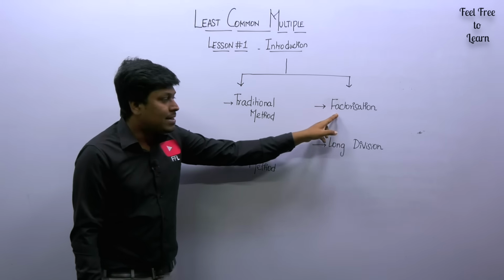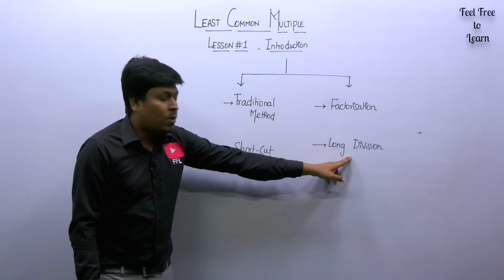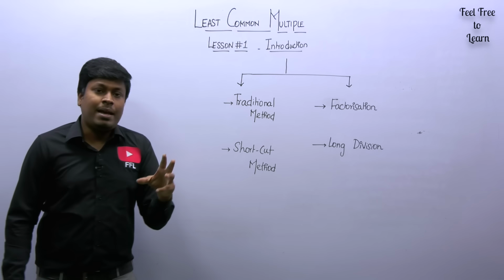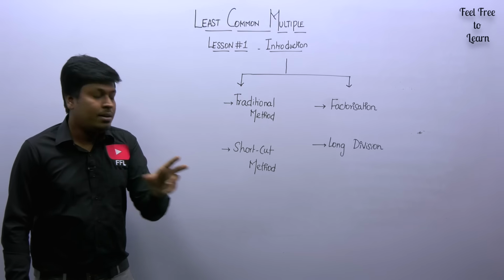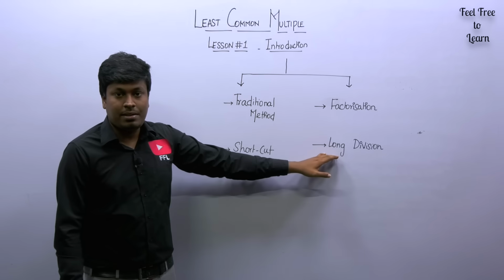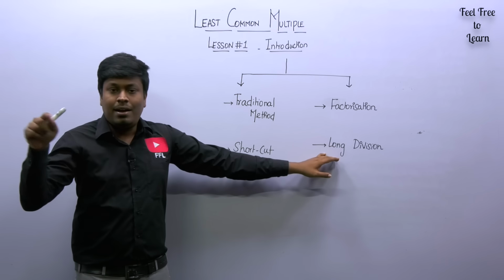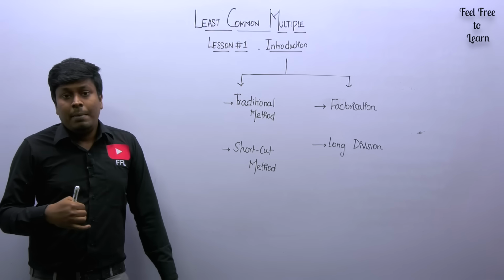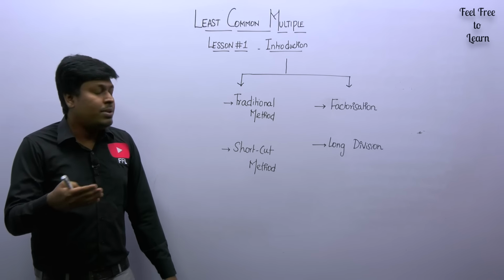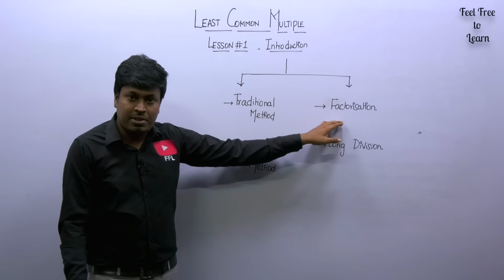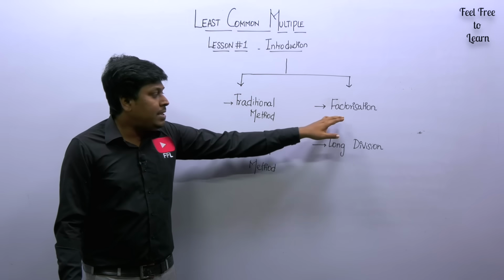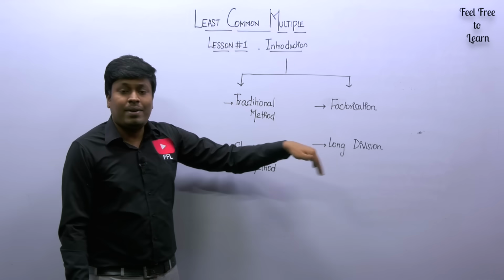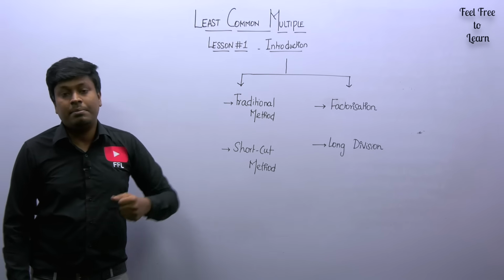One is the factorization method and the second is the long division method. Most of the time for finding an LCM, we have learned the long division method. Putting a big L, and inside that L we put all the numbers and find the LCM. But if you are a CBSE student, then you might have learned the factorization method also, right? So these are the two methods to find an LCM for numbers.